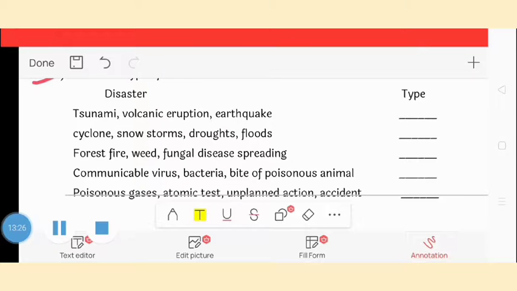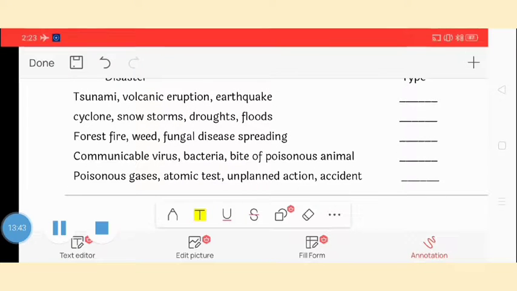Second, cyclones, snowstorms, droughts, floods. It is also a geophysical type of disaster, an atmospheric disaster. Forest fire, weed, fungal disease spreading is a biological type of disaster caused in plants.